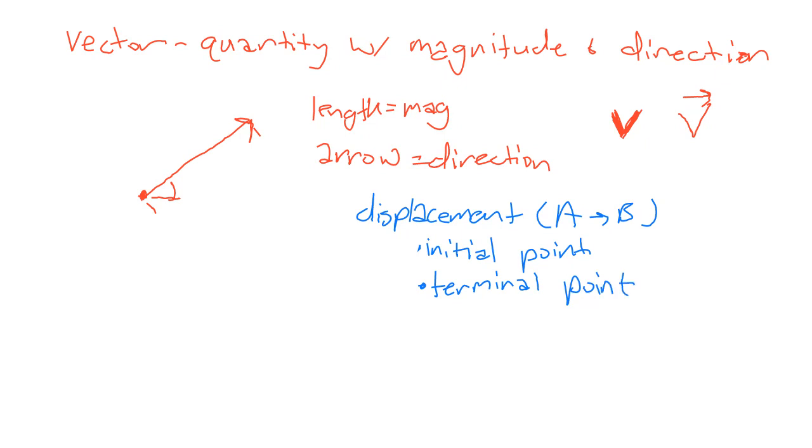Our initial point, whenever we have a vector, is actually the tip right here, and our terminal shows us where we're going, which is the arrow. If we're talking about displacement vectors, we usually write them in the form AB with an arrow on top.